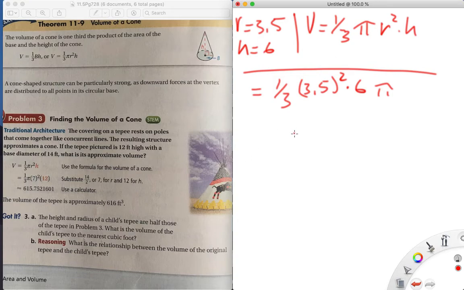And I get 24.5 pi. It's going to be feet cubed.